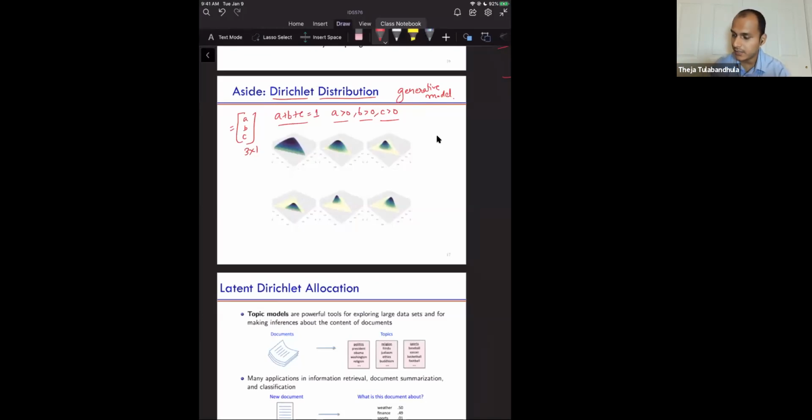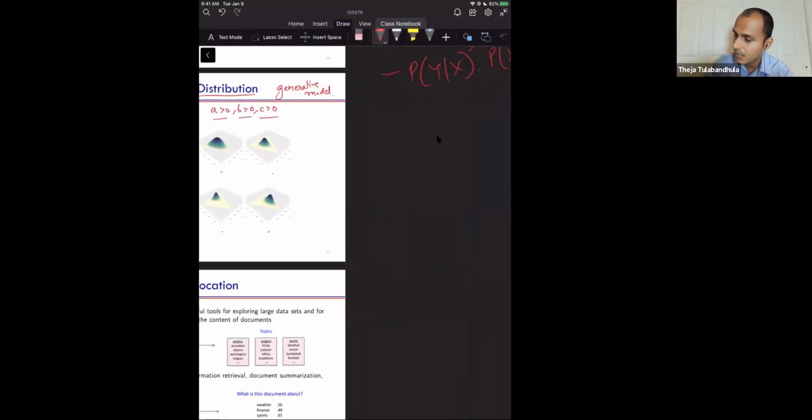Okay, so these 6 figures are showing the Dirichlet distribution in a 3-dimensional space. Let's focus on the bottom left figure. This figure is showing a plane segment, which is this.